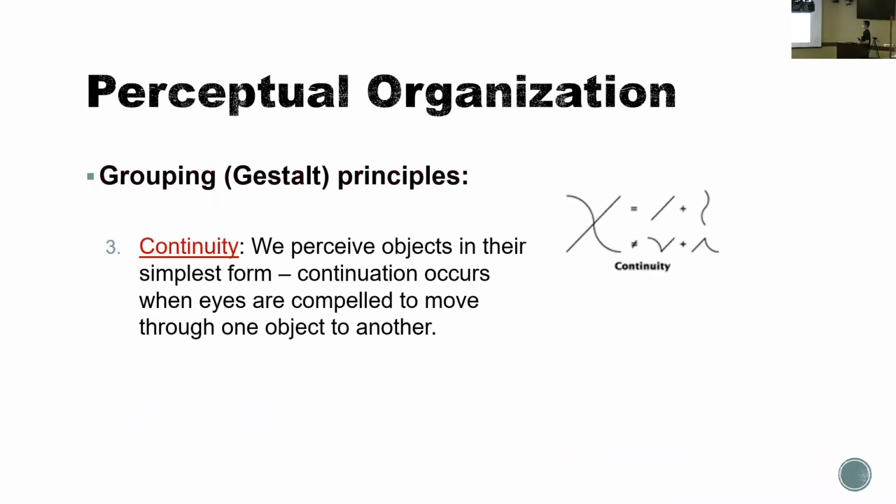Next, we have continuity. This is when we perceive objects in their simplest form. Continuation occurs when our eyes are compelled to move through one object to another. But we are seeing this as a straight line and a curve instead of this because of continuity.